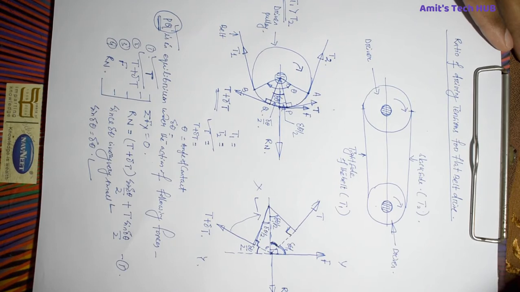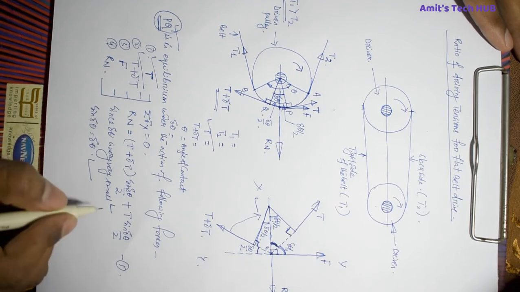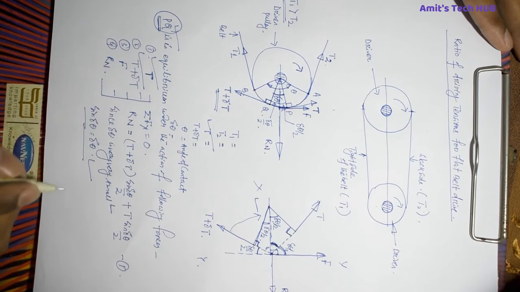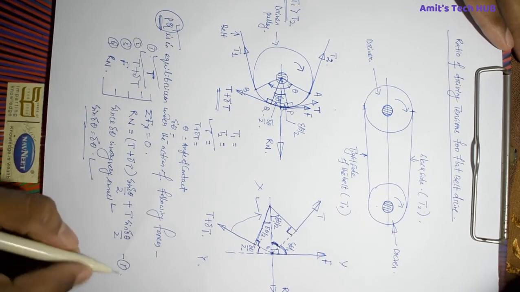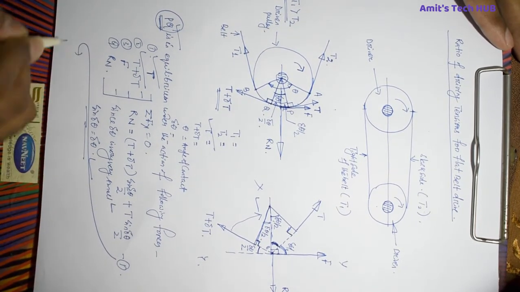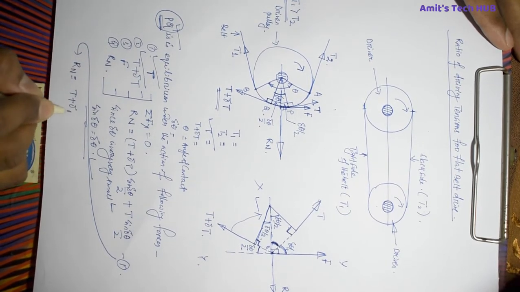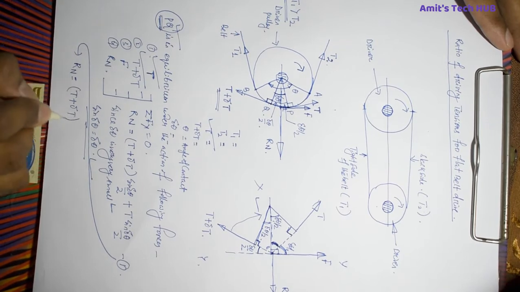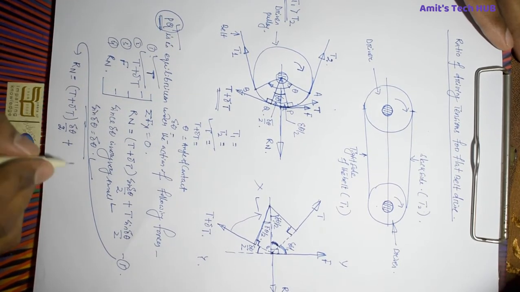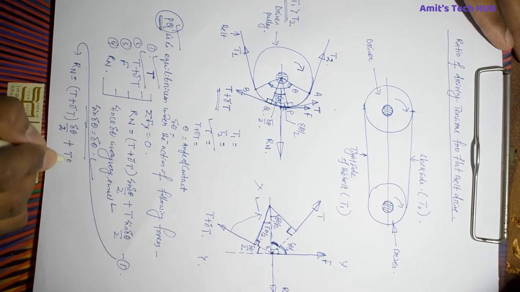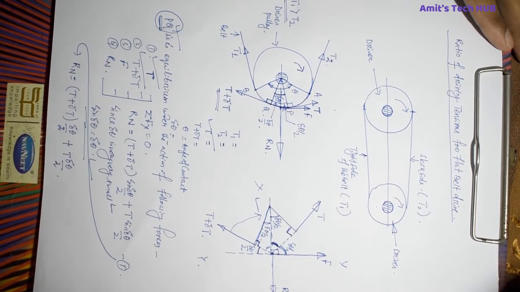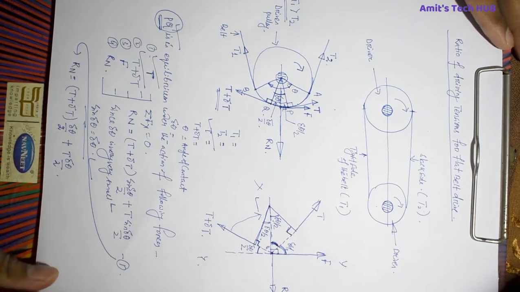So now equation 1 can be written as Rn is equal to T plus del T del theta by 2 plus T del theta by 2. Okay, so now it can be simplified in this manner.